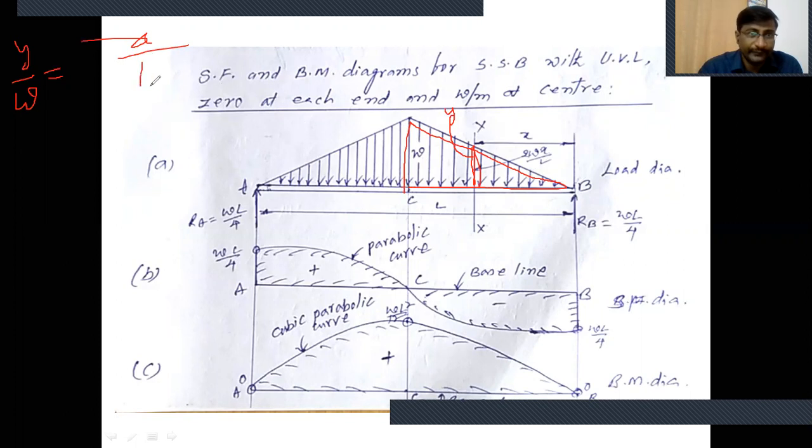Sorry, L by 2, since the total is L up to BC. Therefore, y is equal to, the 2 goes into the numerator, 2wx by L. This is the height of the smaller triangle.